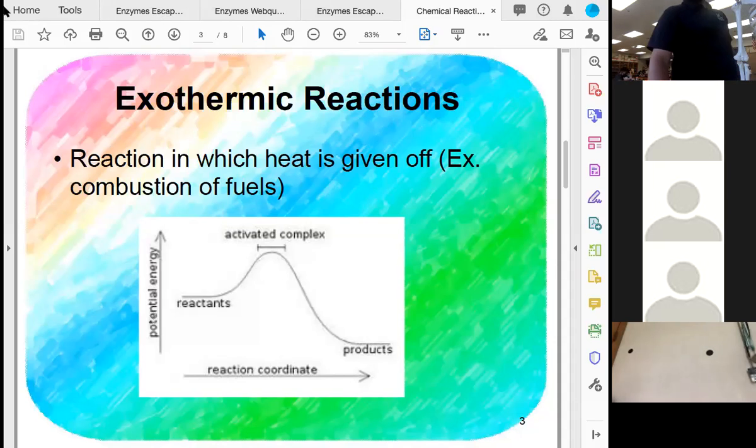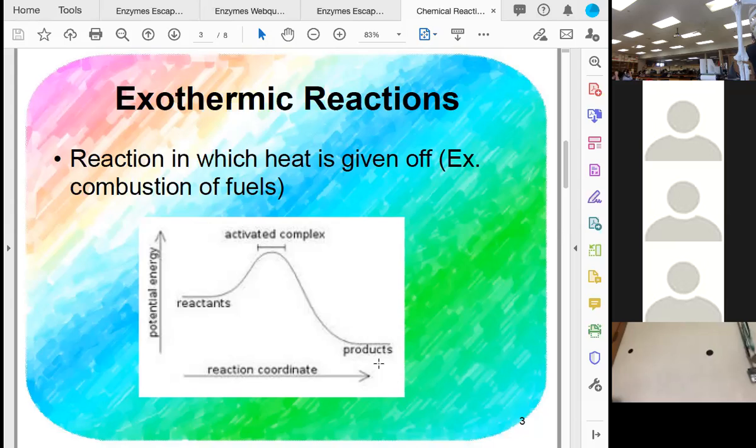So you start here, energy increases, and then this activated complex is where the chemical reaction is taking place. And then at the end of the reaction, you get the products. This is what you end with, the products. So you start with reactants, the chemical reaction happens, and then you have products, two new substances, or one new substance, depending on if you're building something or breaking something apart. Any questions on that?